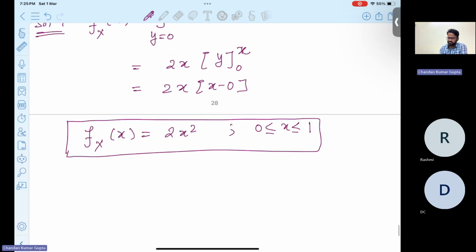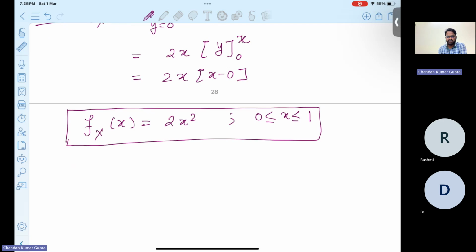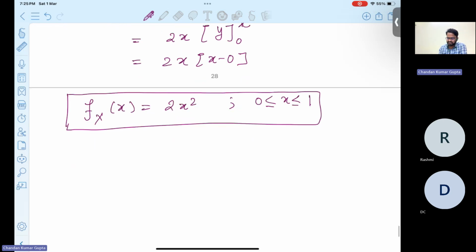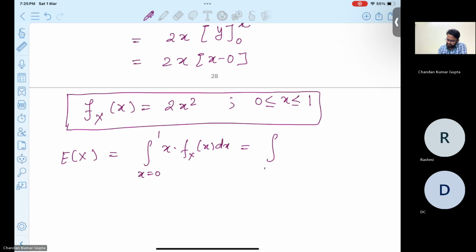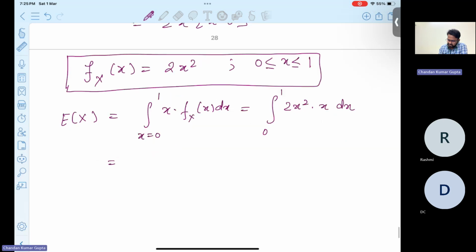Now with the help of this marginal of x, we can calculate the other statistical characteristics. Suppose we want to calculate the expectation of x, then it is defined as the integral from 0 to 1 of x times f(x) dx, which is the integral from 0 to 1 of 2x squared times x dx, which is 2 times x cubed dx from 0 to 1.